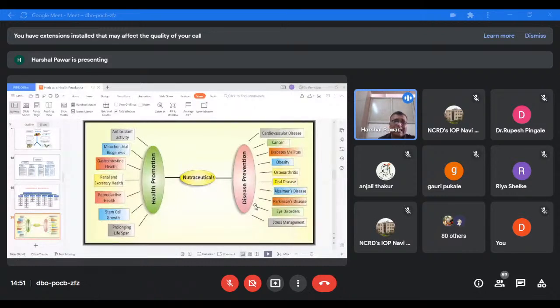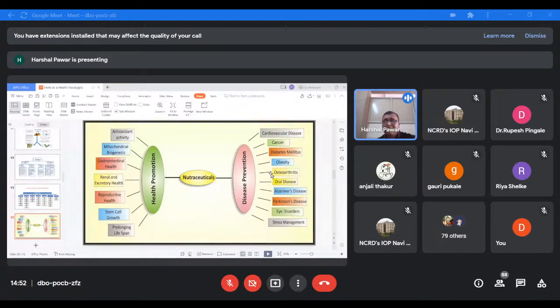On one side, you can say it helps in health promotion by showing activity like antioxidant, right? Some nutraceuticals are good in maintaining your gastrointestinal health. Some are useful in renal and excretory health, reproductive health, stem cell growth, and in totality, they are prolonging the lifespan.